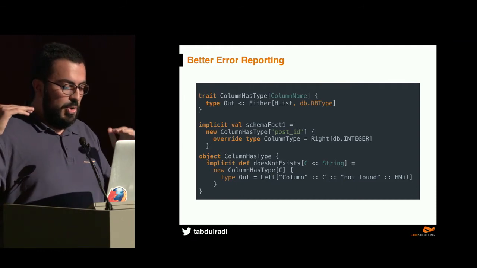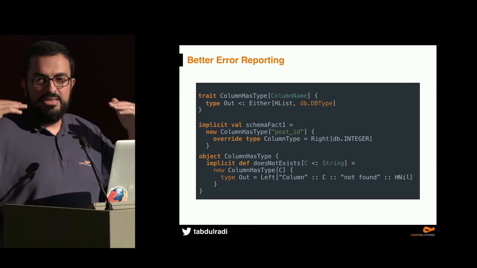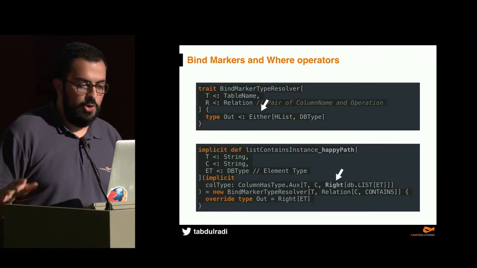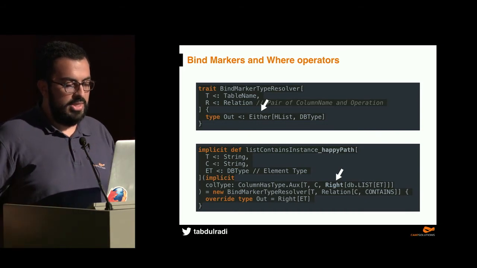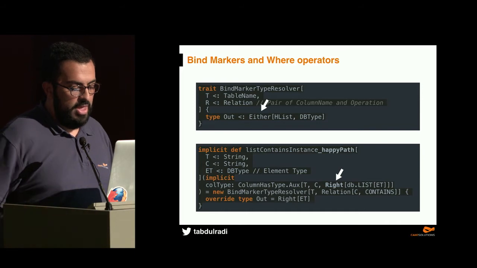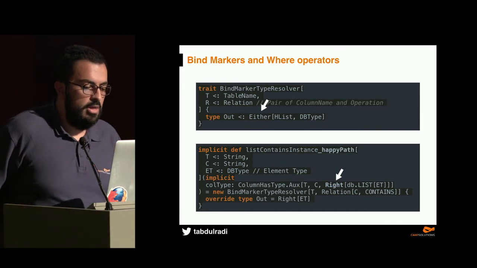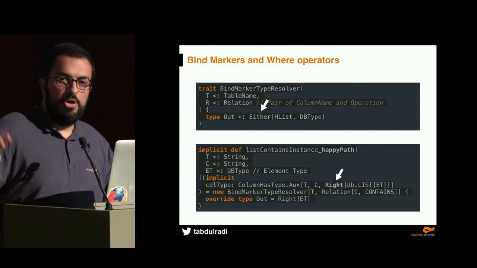All right. Now let's go a little bit up in the tree, to the type classes that depend on this type class. So for example, bind marker type resolver. It needs to know what's the type of the column to be able to tell you the type of the question mark. So again, we're going to change the output to be an either of something.